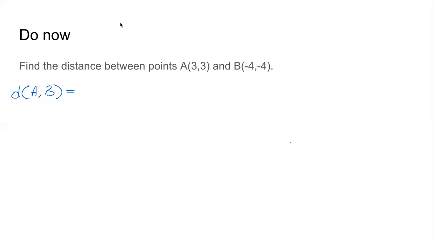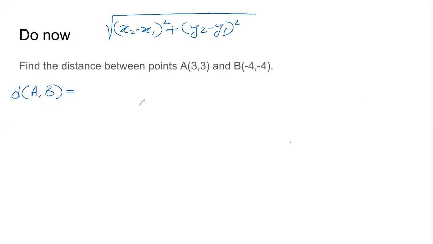So the general formula is the square root of (x2 minus x1) square plus (y2 minus y1) square. This is the formula. And again, I remind you that we can interchange the x terms and y terms.